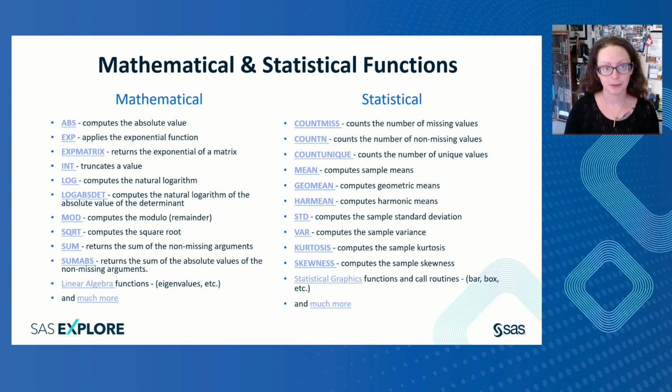Statistical functions, on the other hand, are very helpful when you're exploring the structure and suitability of data. So if you just need a quick mean or a quick standard deviation, those statistical functions really come in handy. And I put links in the slides. If you look online, there are a lot of functions that are not even mentioned in this little list because there are just so many available in SAS.